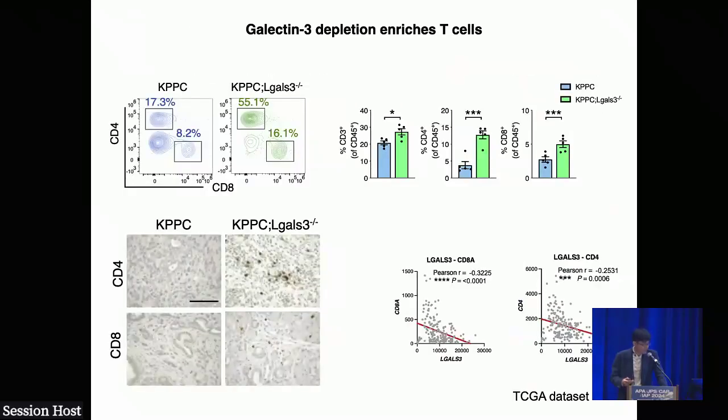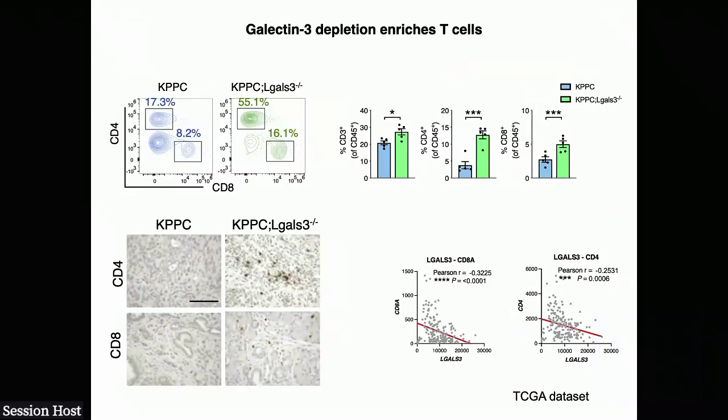Accompanying more M1-like macrophages in the knockout tumor, we can see more T cells coming into the tumors. And in the TCGA human data set, we can see the reverse correlation between the galectin-3 gene and T cell genes.